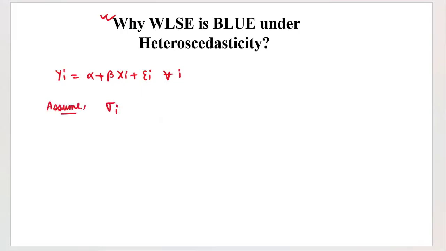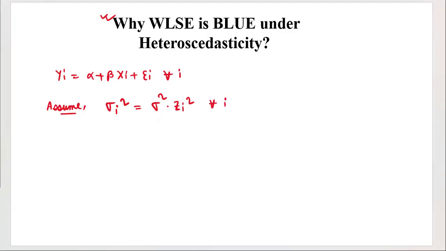that sigma i squared, this error variance, is heteroscedastic. Not only that, we will assume a functional form for this heteroscedastic error term, sigma i squared = sigma squared zi squared, for all i. Now, what does this term mean?